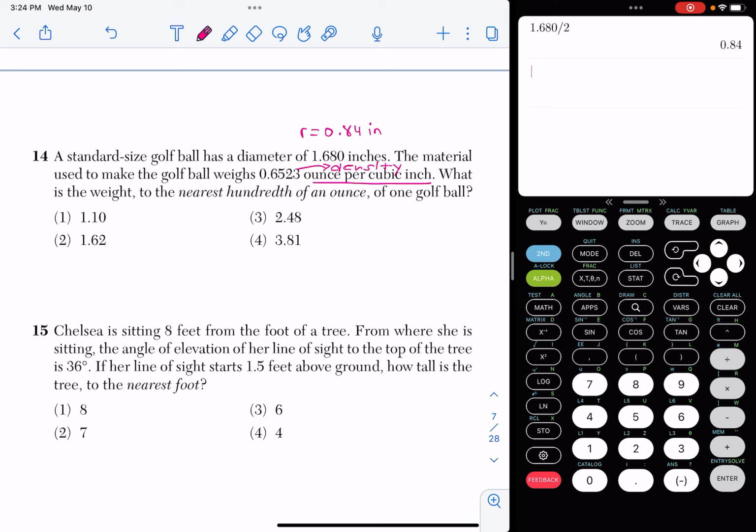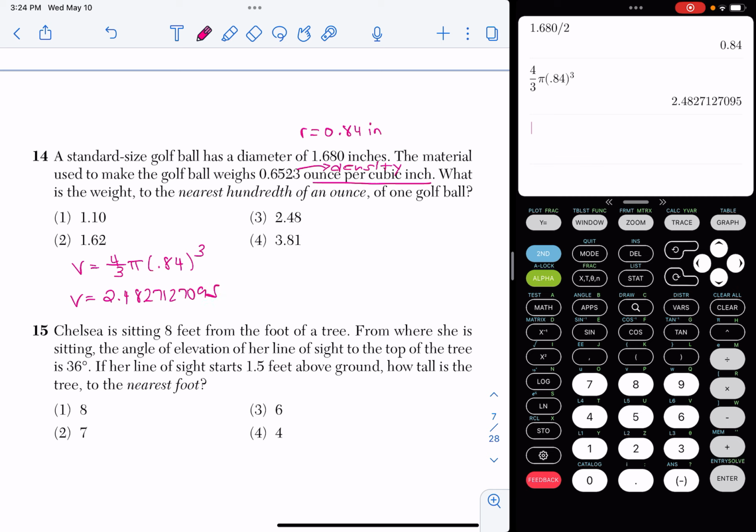So first I'm going to find the volume of the golf ball. The formula for volume of a sphere is 4/3 pi r cubed. We now know r is 0.84. I'm just going to go over to my calculator and start typing that in. And so I know that the volume of the golf ball is 2.4827127095.